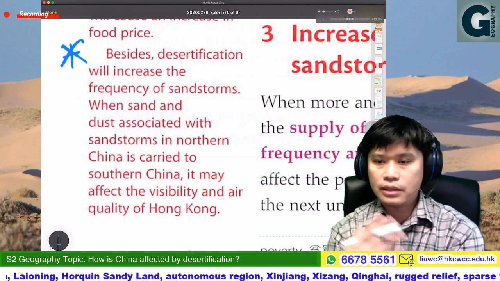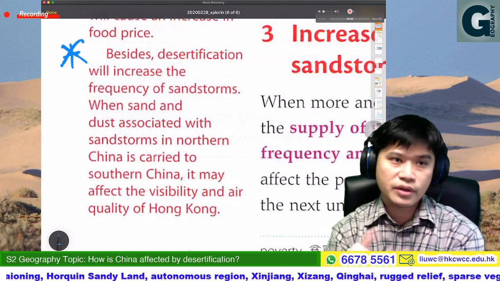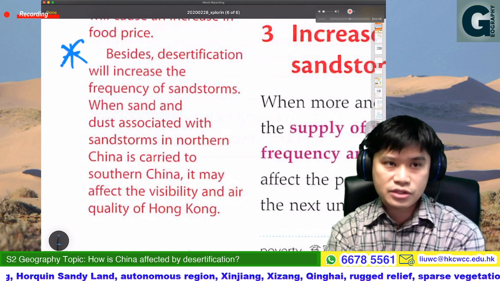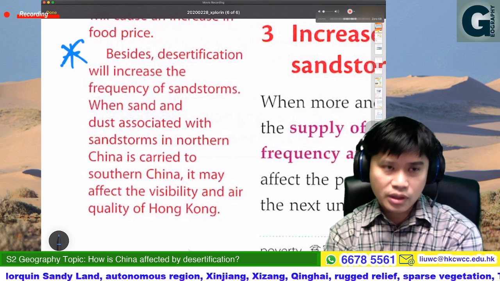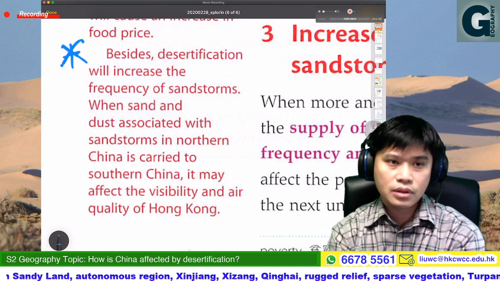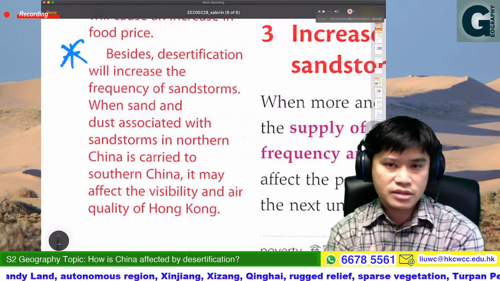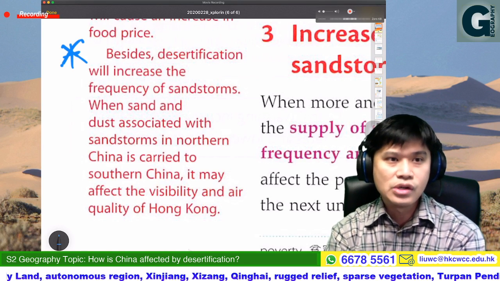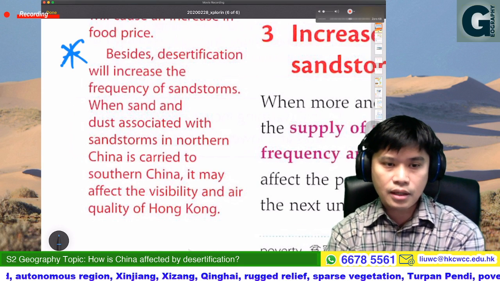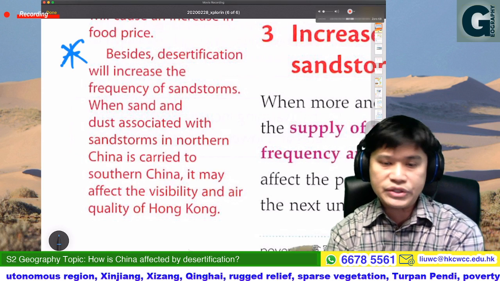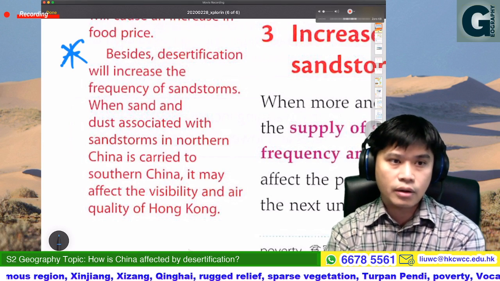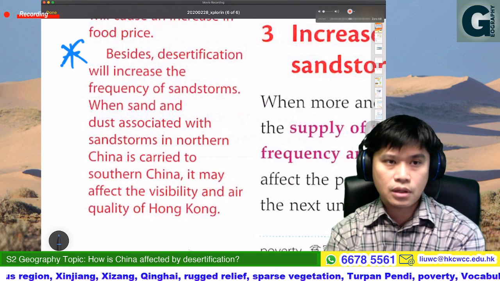That is desertification. It will increase the frequency and the intensity of, especially intensity of sandstorm. Therefore, the sandstorm somehow it would travel from the interior part of China to other places, such as to the southern China or to the eastern part or even farther away, like to Korea or sometimes even like to Japan.